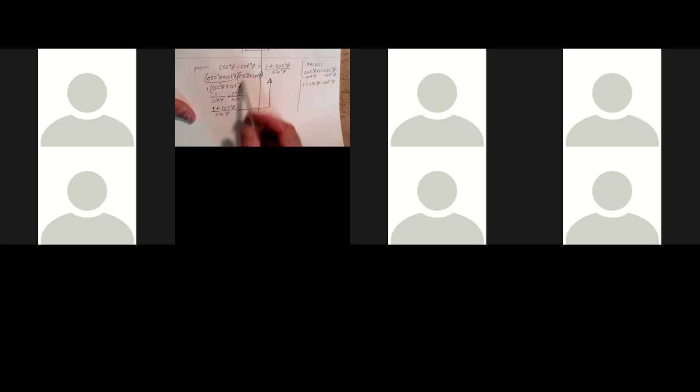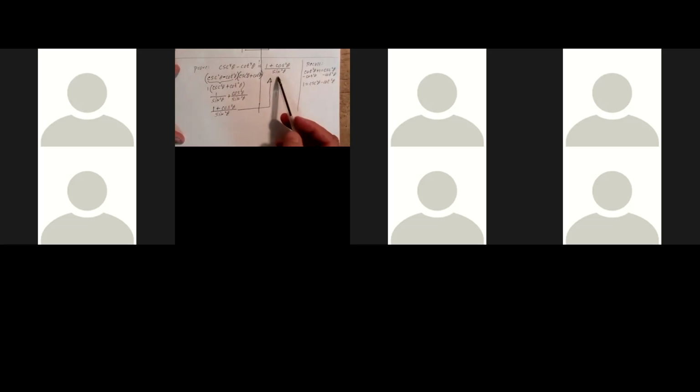So working with the left side, you can show that it's the right side. You have to know how to factor the difference of squares, though, from algebra. Okay. So whether you work with the right side and show that the right side is the left side, or you work with the left side and show that the left side is the right side, it's up to you.